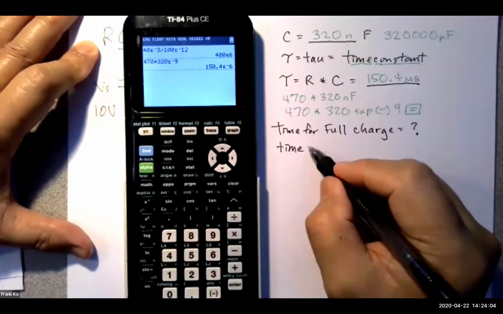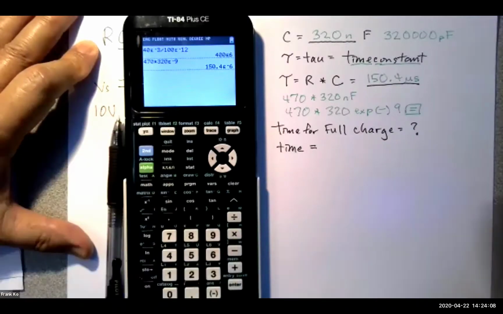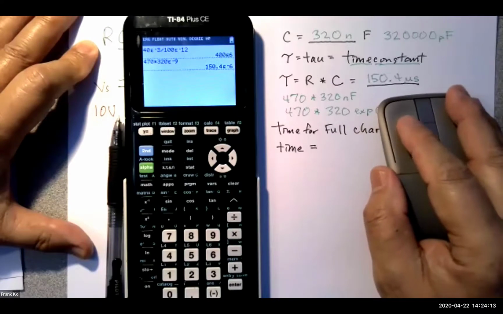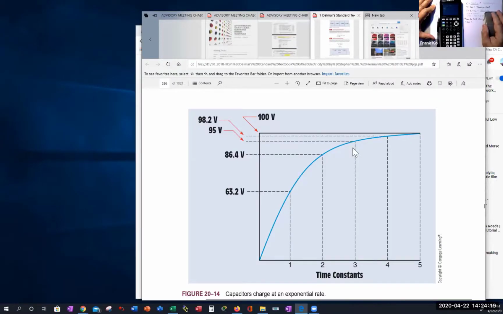Is it the 63% thing? No, because if we refer for a moment back, you're close. Take a look at this illustration here. This illustration is what we're going to be drawing in a moment.